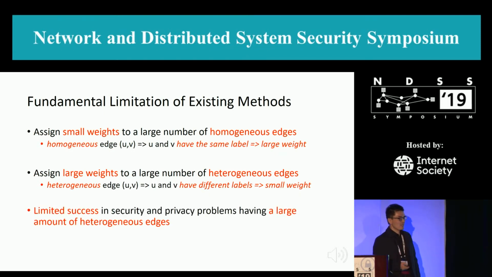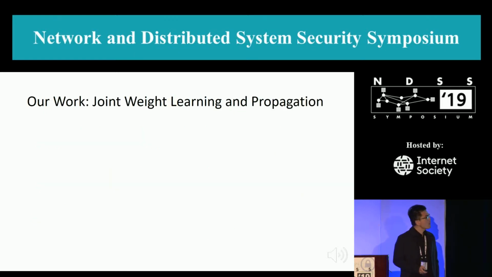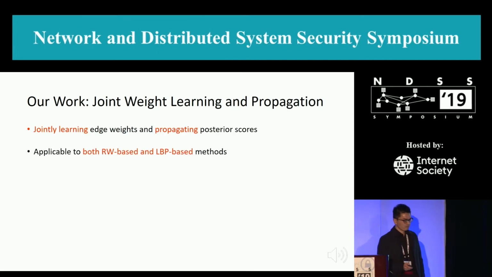So existing methods have limited success in security and privacy problems that have a large amount of heterogeneous edges, such as Sybil detection in weakly trusted social networks like Twitter. Based on this, we propose a framework that jointly learns the edge weights and propagates the posterior scores.